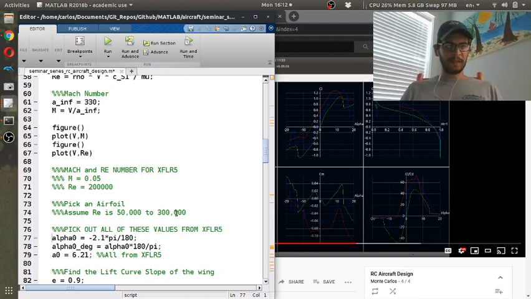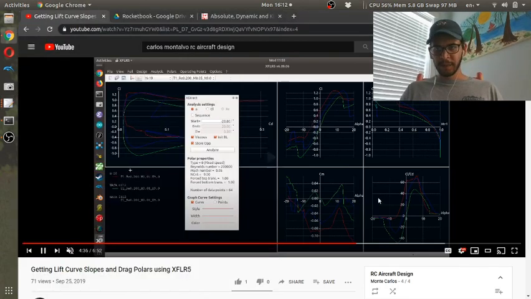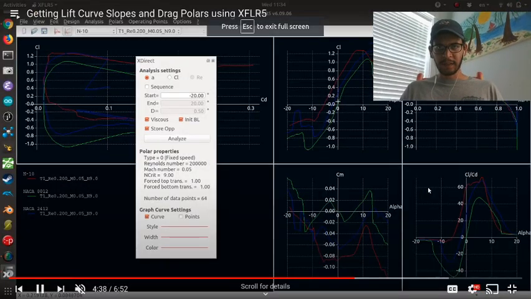So this is your zero lift angle of attack. If you look here, when this red line crosses the x-axis, according to this it's probably a different airfoil. So let's just do this one so you guys can get it. Let's maximize this screen, and let's see for this red.